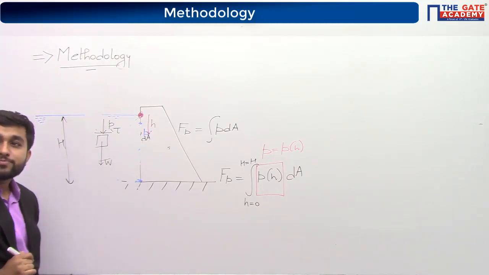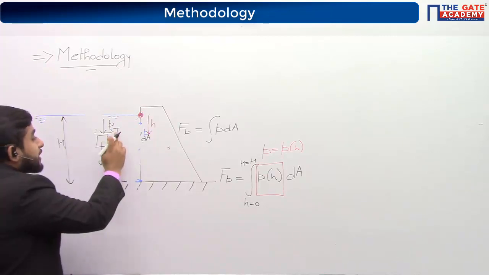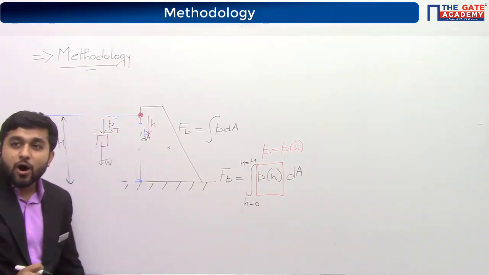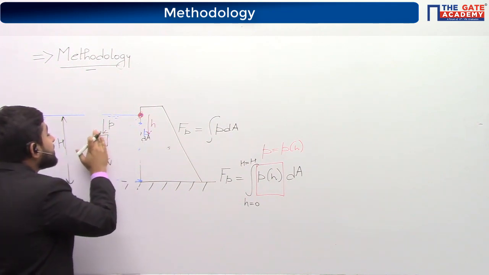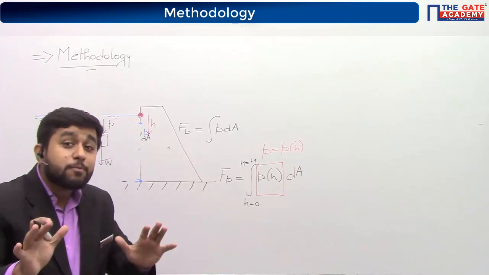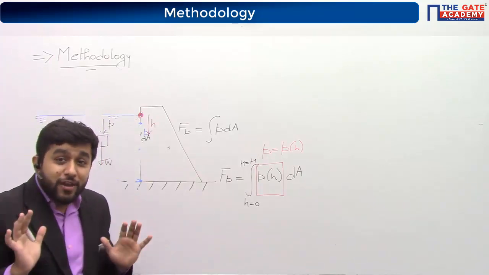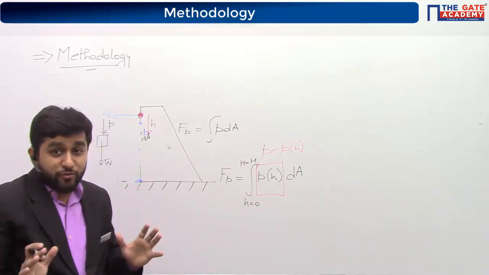Is that correct? But for dams, water is at rest. So if water is at rest, what will be the value of tau? Very good. The value of tau will be 0. So on the element, there are only weight and pressure forces.